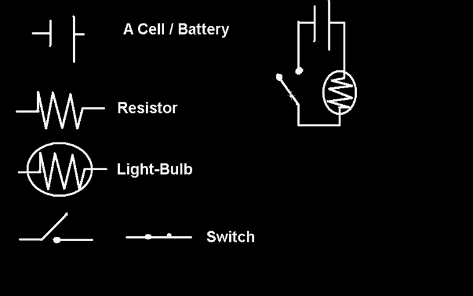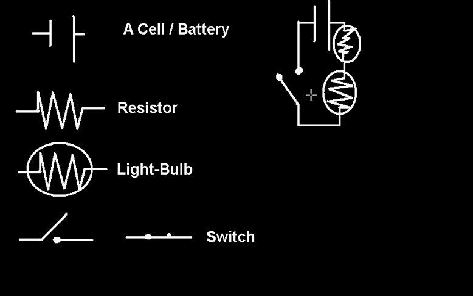Now, if I were to add another light to this, let's say I remove this, then add a small light. This isn't going to be perfect, not at all, but you get the idea, this is a light. If one of these light bulbs dies, then the other light bulb's not going to light up.